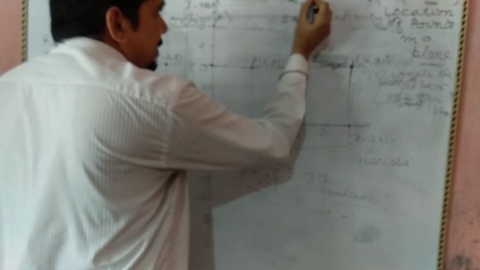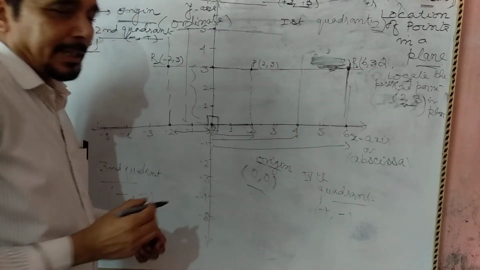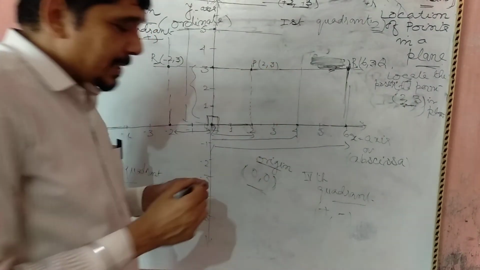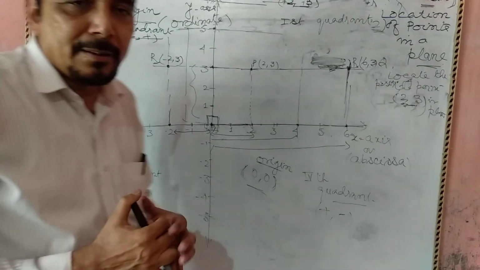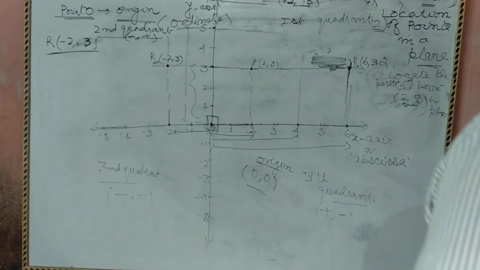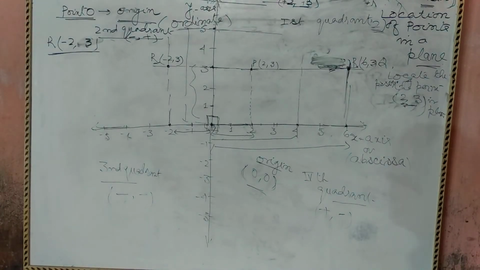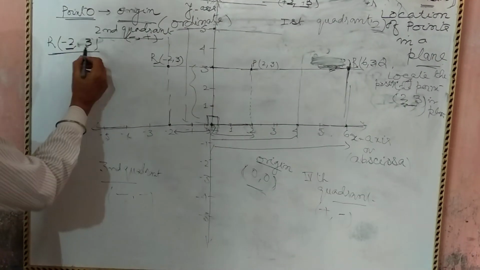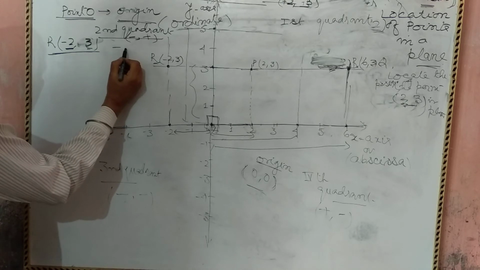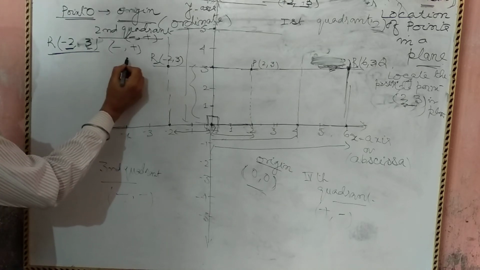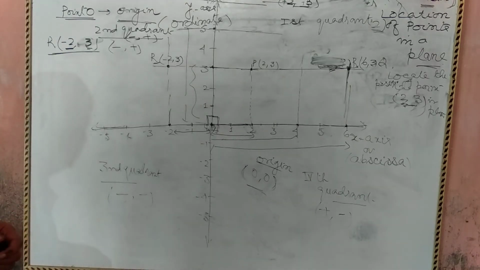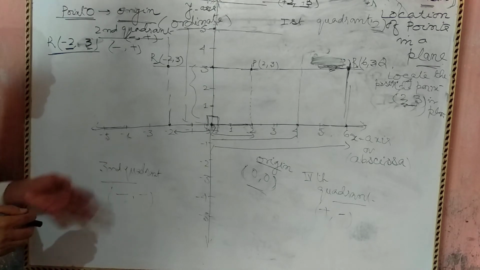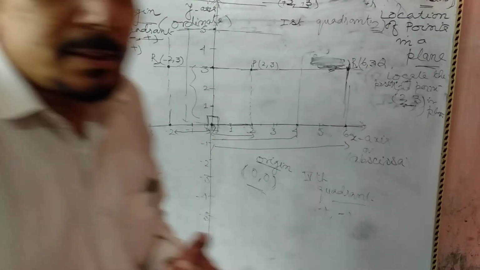The first coordinate and second coordinate both have positive sign, therefore the point (2, 3) must lie in the first quadrant in a plane. Okay?